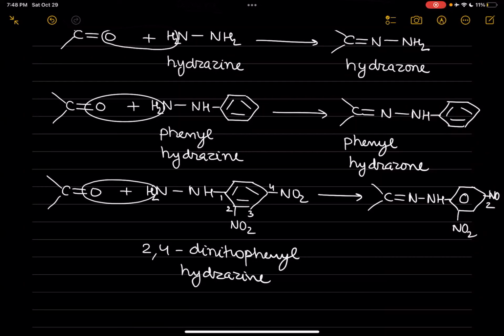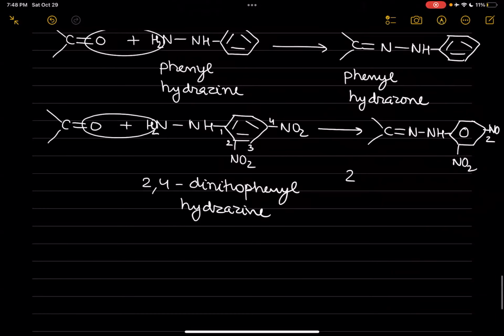So this is 2,4. The short form is very famous, most famous, 2,4-DNP shortcut. It is also known by the name of Brady's reagent, which is a less common name.